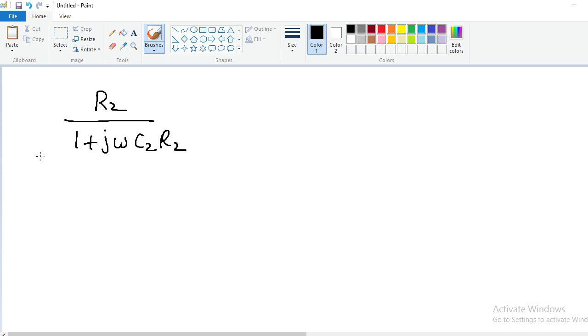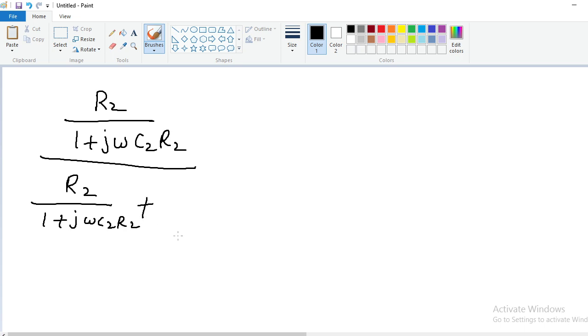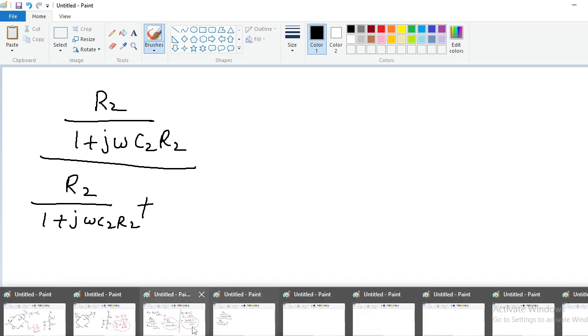This is Zp, and Zp is divided by Zp plus Zs. What is the Zs value? The series combination of R1 and C1.